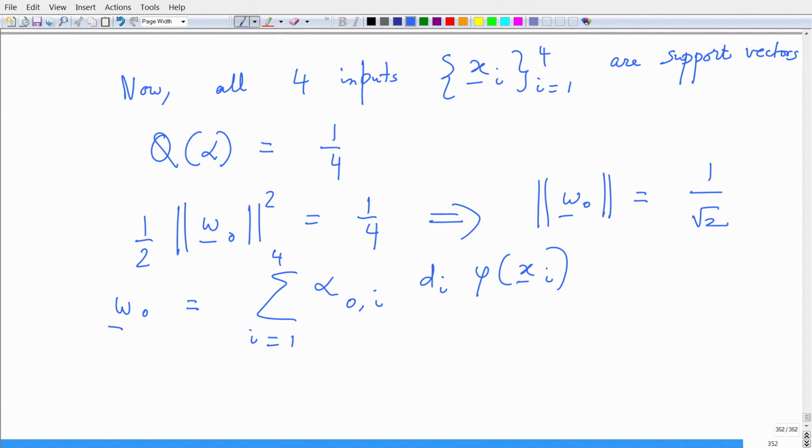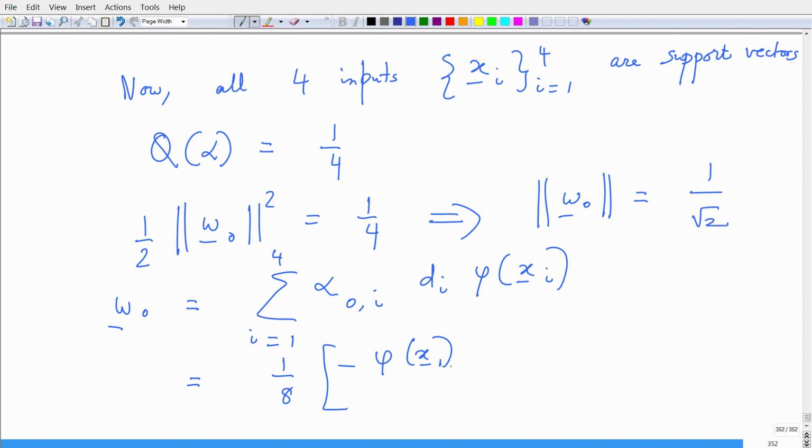So, I take for all these points i equals 1 to 4, I plug in to this expression. So, I get 1 upon 8. I have the corresponding pairs di, right. I know for a pair xi di what the values are, and I have computed alpha optimum i to be 1 upon 8, which I pull out.